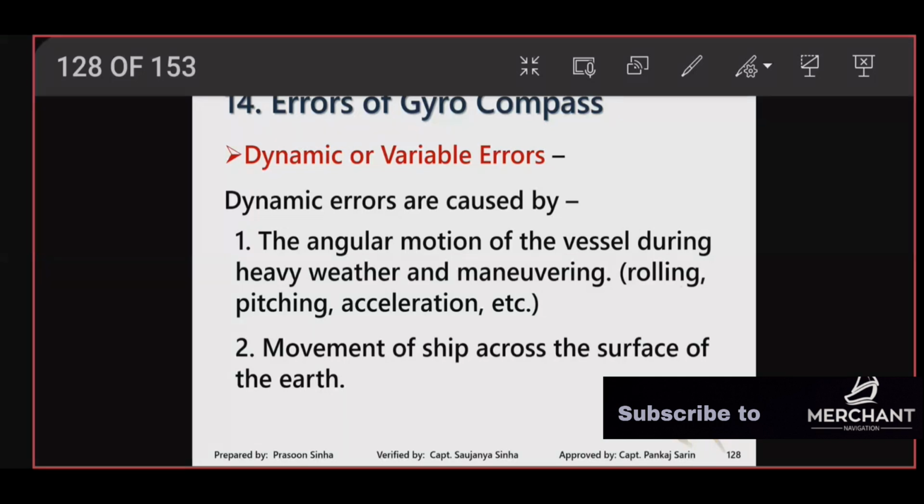Other one is also the jerky movements of the ship in bad weather that may also induce error in the gyro compass.